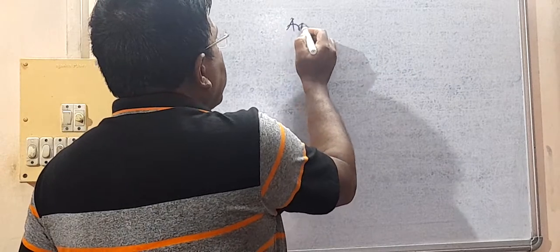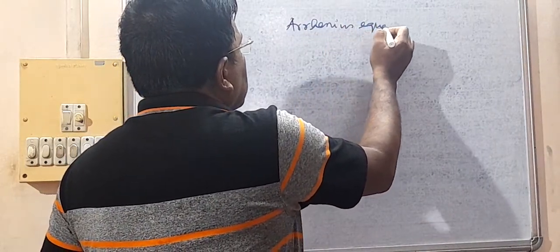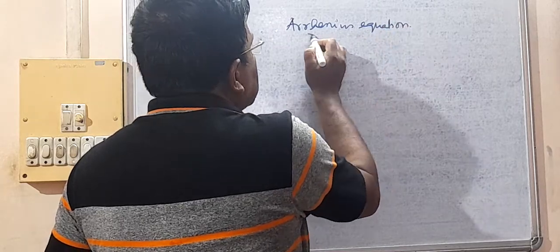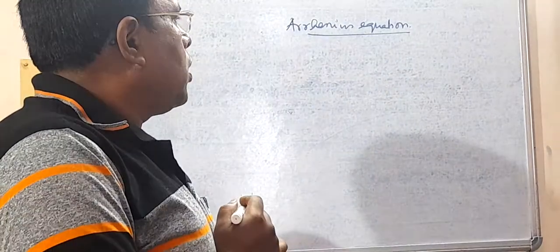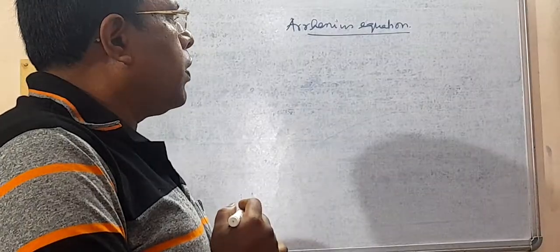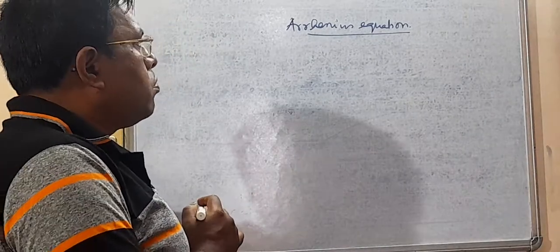It says that the rate of a chemical reaction is found to become double, or even at times 3 times, for just a 10-degree rise in temperature.